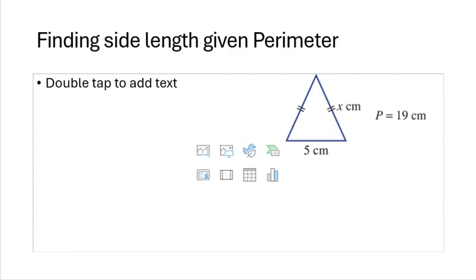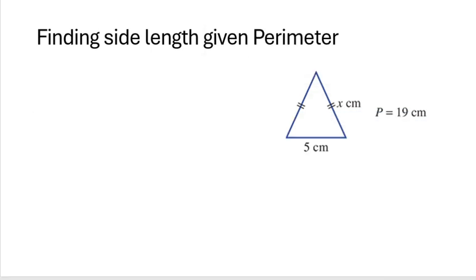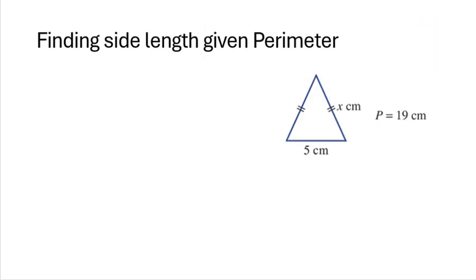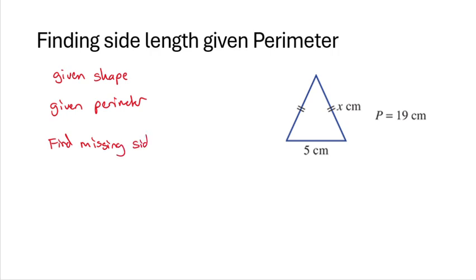Now, this is an example of when you are given a shape and given a perimeter, and they ask you to find the missing side length. Okay. So have a look.